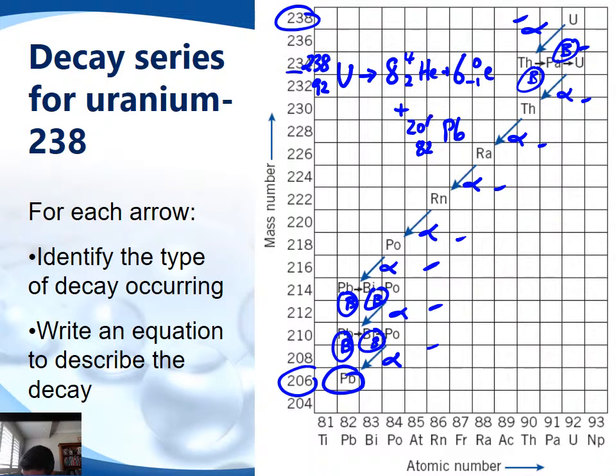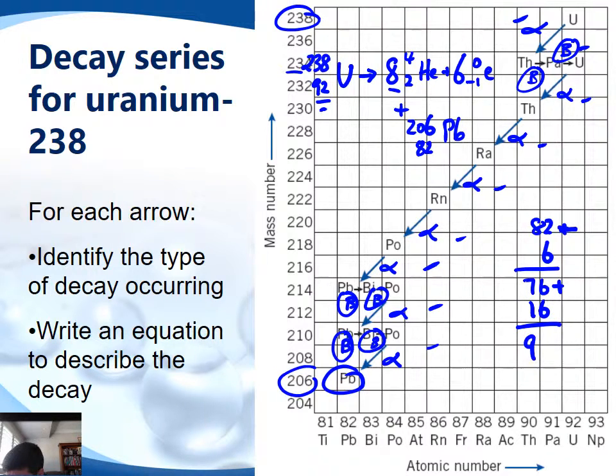Now we need to make sure that all of these balance up, and I've written it in a way that makes it hard for us to see that. But we've got 92 on the left, so we've got to have 92 on the right. So I have 82, I'm going to subtract 6, so that's going to be 76, and then I'm going to add 16.